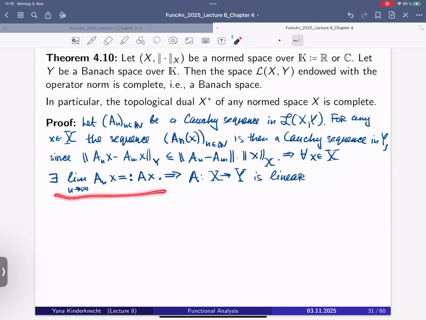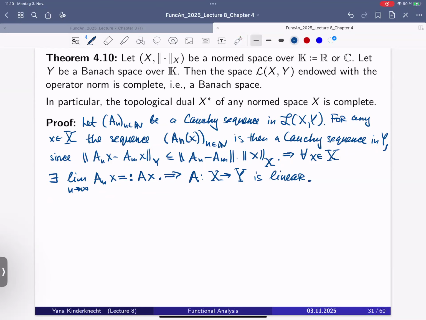Since the A_n are linear, A is also linear. Is it clear, or should I clarify it in more detail? I think it's enough.